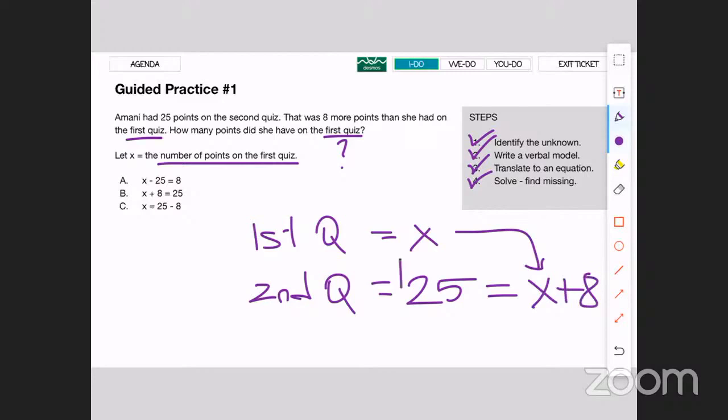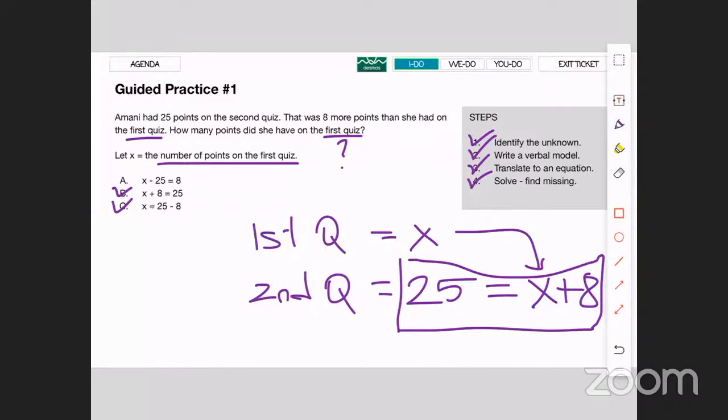So your equation will become 25 is equal to x plus 8, all right? And it looks like B, here we go. Or if you subtract 8 on both sides, the answer is also C, because it's another way to rewrite that equation differently, okay? So this is question number one.